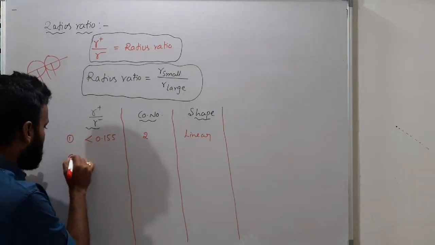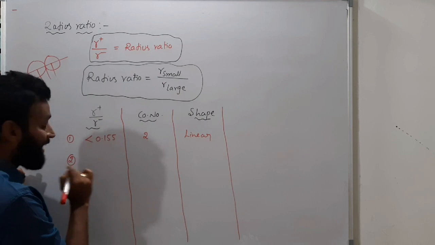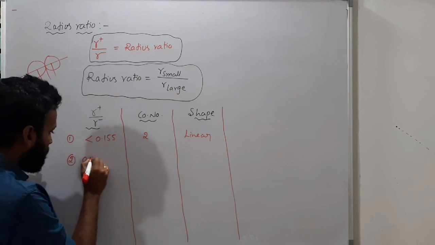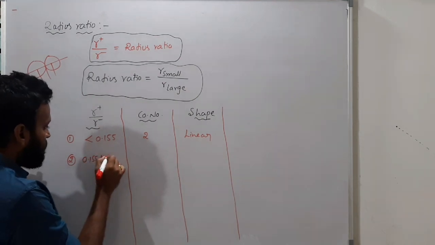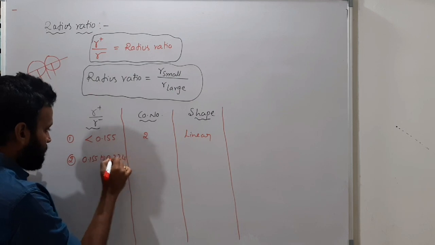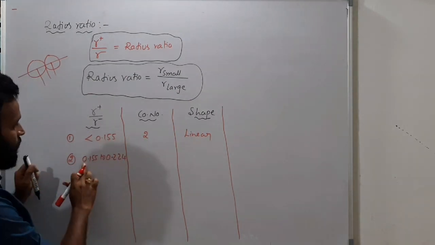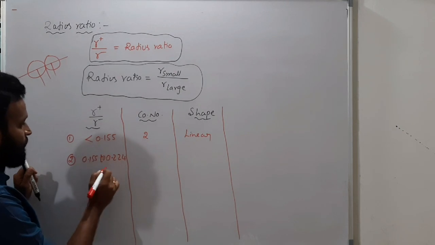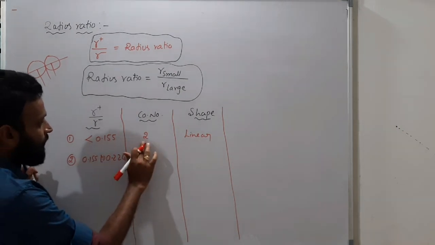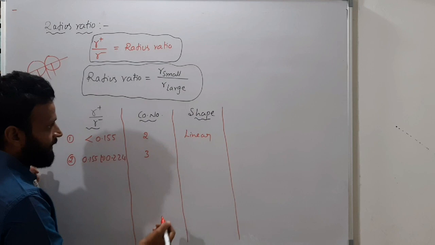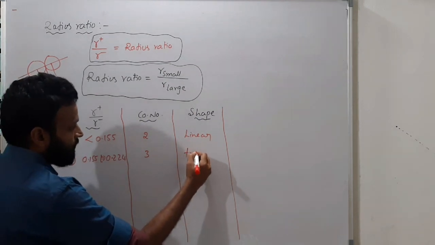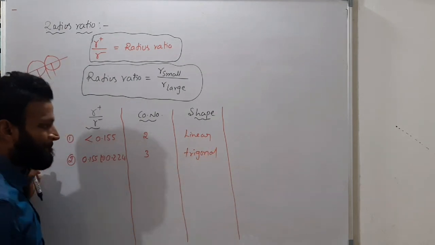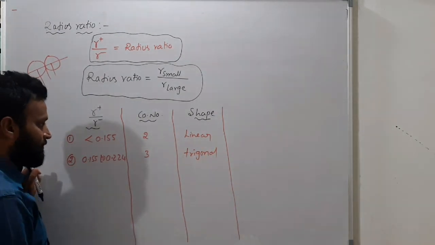And the second one is from a certain range, 0.155 to 0.224, then the coordination number is 3 and the shape is trigonal or triangular, you can say simply.